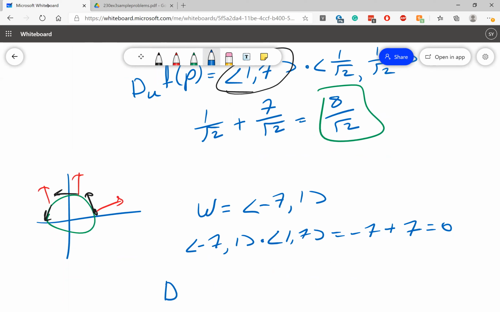But anyway, this is the point. The point is, like I said, w is going to be orthogonal to the gradient, which is normal to the level curves, and so the directional derivative in the direction of w is going to be 0.